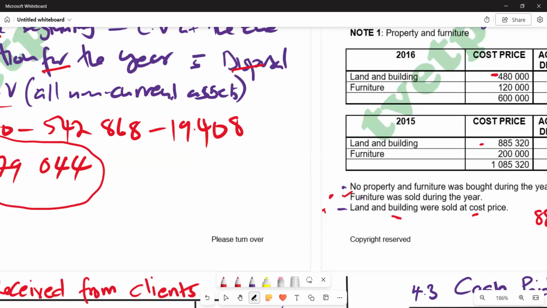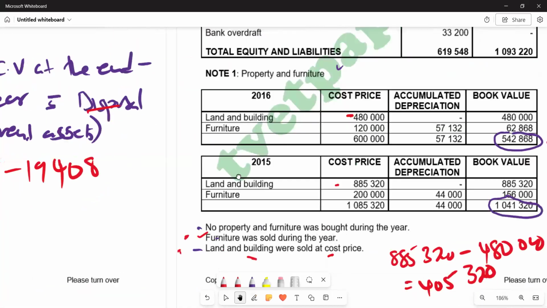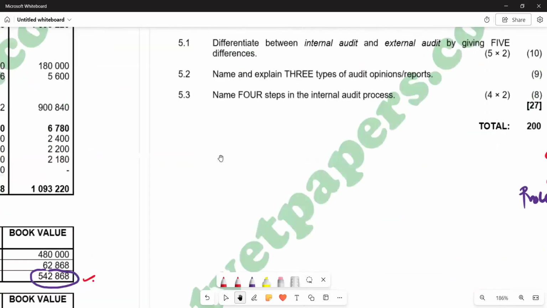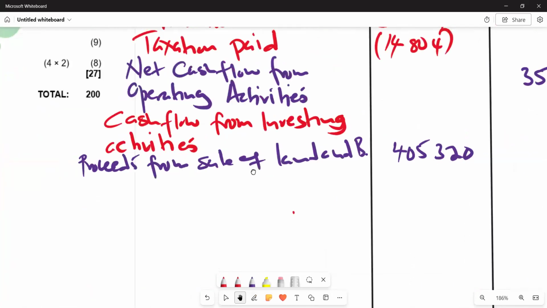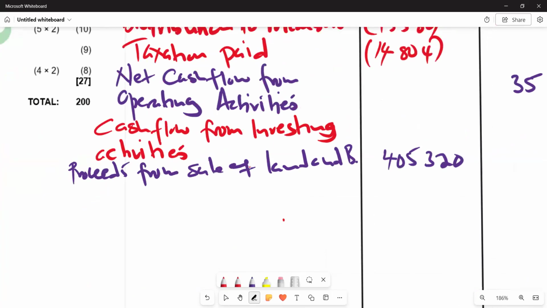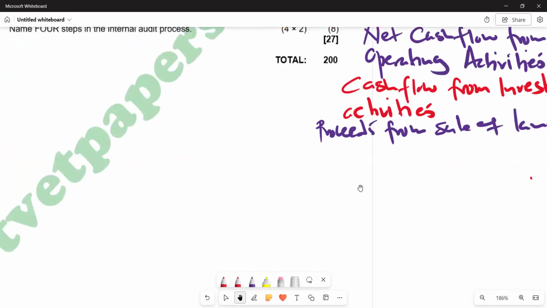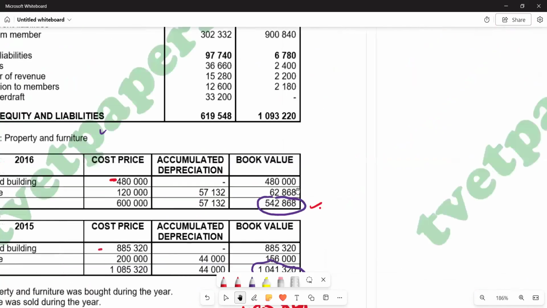But for land and buildings, we have already calculated proceeds from the disposal. Come to the other section. The figure that we got, which is proceeds from land and buildings, is 405,320. So if you subtract that figure from the figure that we got there, we are left with the disposal of furniture.